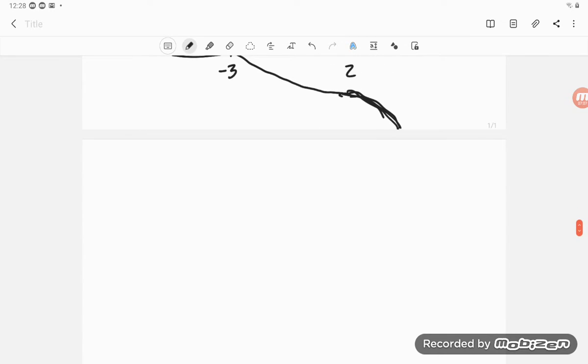Now, I can add in some other things. For instance, another example could simply be, I don't give you all the information on every interval, but I give you some other information.